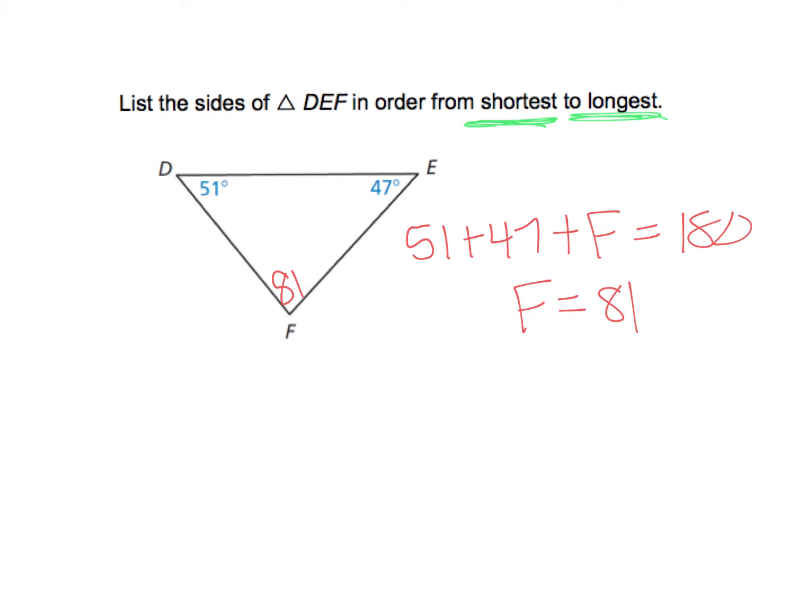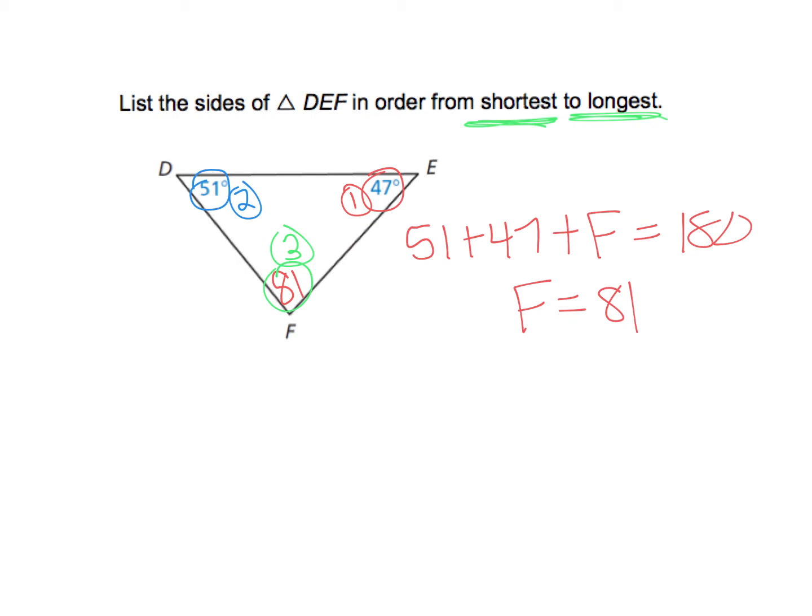It wants to go from shortest to longest, which means we want to think about the smallest angle to the biggest angle. So I'm going to number them smallest to biggest. 47 is our smallest angle, so I'm going to call that angle number 1. 51 is the next, so I'm going to call that angle number 2. And 81 is the biggest, so I'm going to call that number 3.